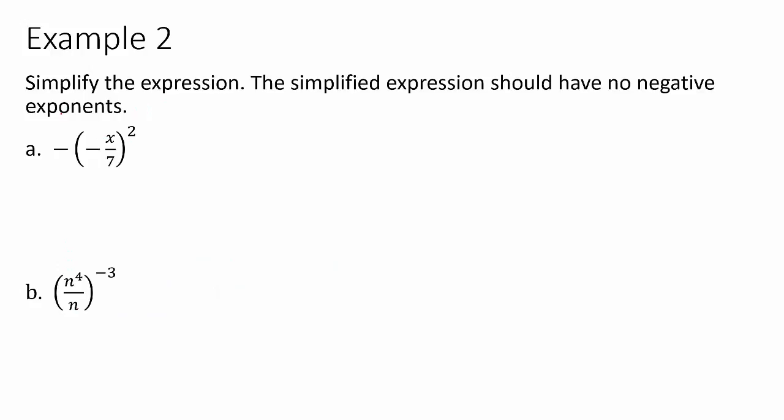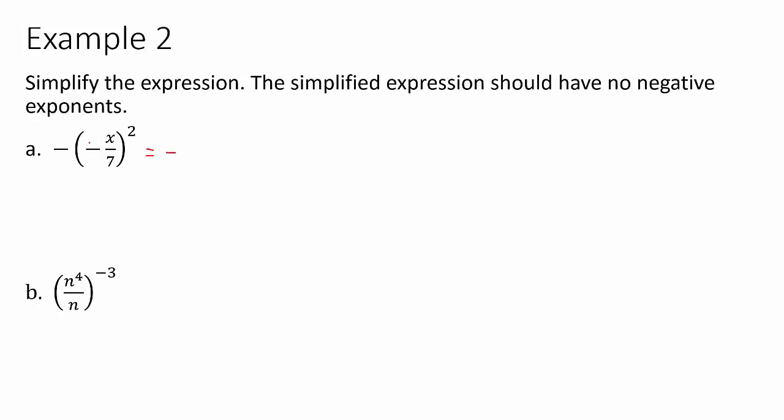Example 2 says simplify the expression, which just means that we'll probably have x's. We won't actually be able to evaluate and get an answer that's a number. The simplified expression should have no negative exponents. So whenever I do negative and then inside parentheses I've got negative x over 7, I'm squaring this. Everything inside my parentheses needs to be squared.